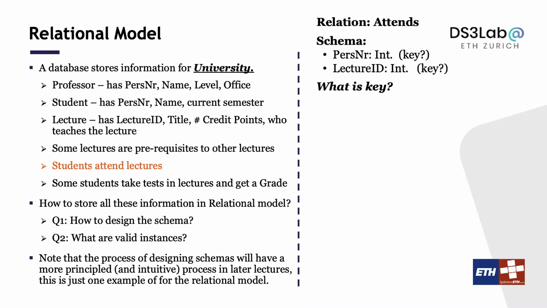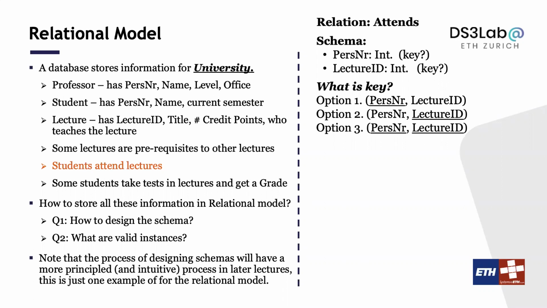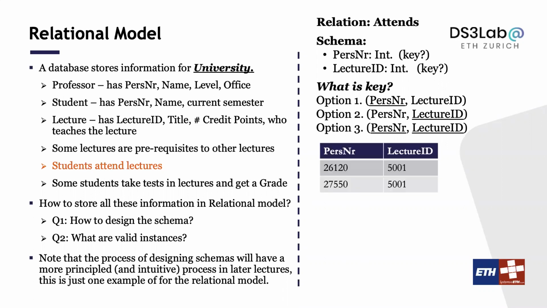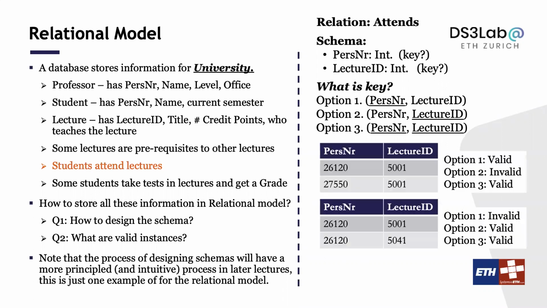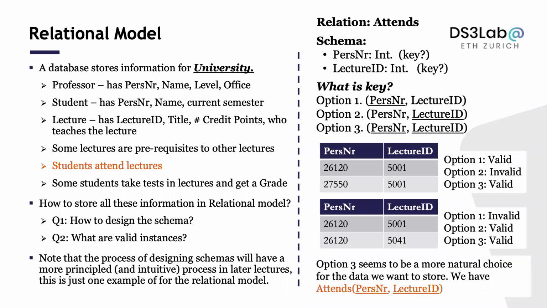When you go home, you can look at these three different options and try to think about what type of instance they are allowing or which type of instance they are rejecting. If you go through the same exercise, I think we are going to reach a similar conclusion. That is a reasonable design of the schema for many cases.